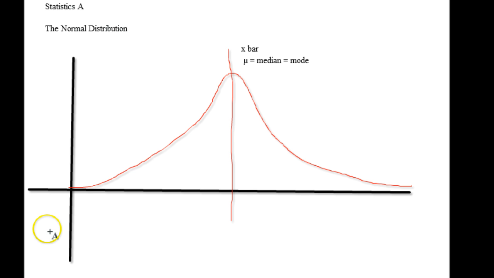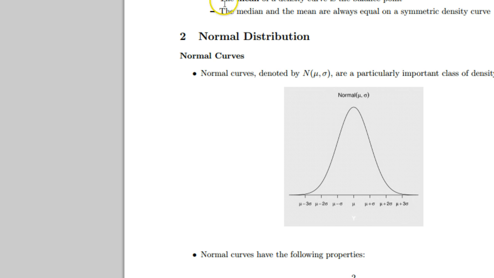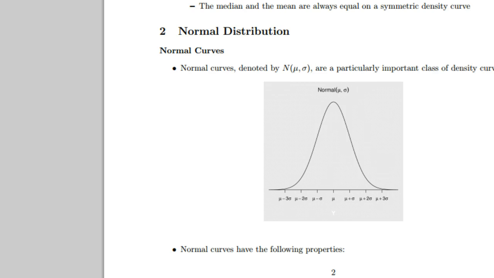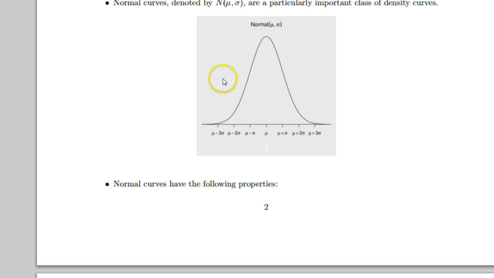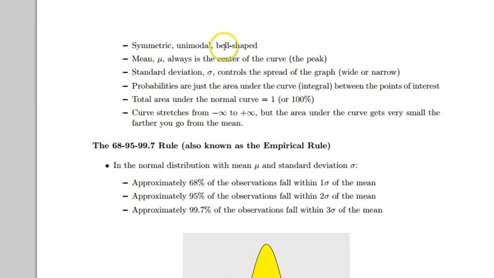Okay, let me go back to that paper from Purdue. It's a really good one that goes in depth into all the stuff I want you guys to be able to learn. So normal distribution curves, denoted by N(mu, sigma), are a particularly important class of density curves. They have the following properties. They are symmetric, unimodal, bell-shaped.